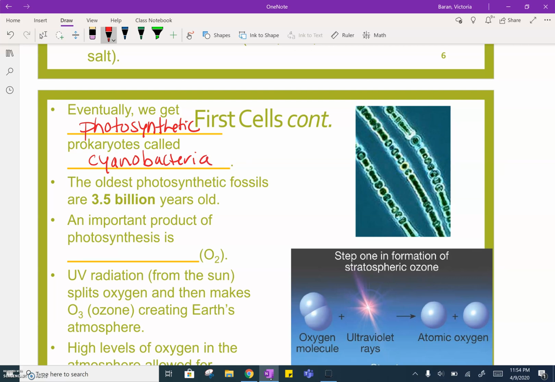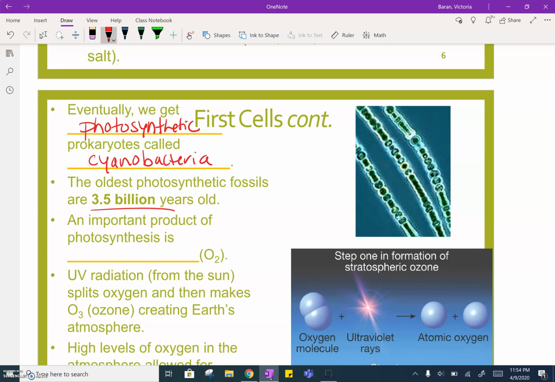So cyanobacteria, these type of photosynthetic organisms, their fossils date back 3.5 billion years. So this is about 1 billion years after Earth has formed. So it's taken us a very long time just to get to this point where we have photosynthetic organisms.